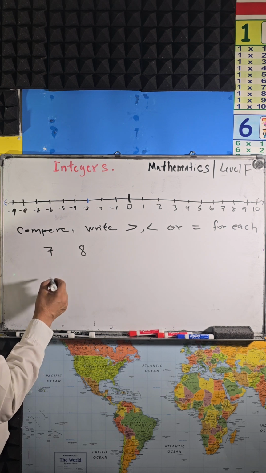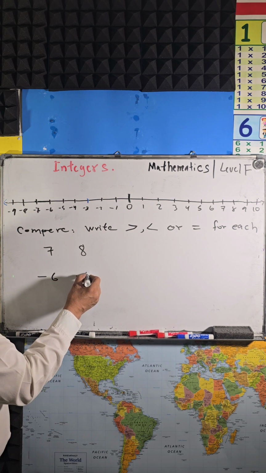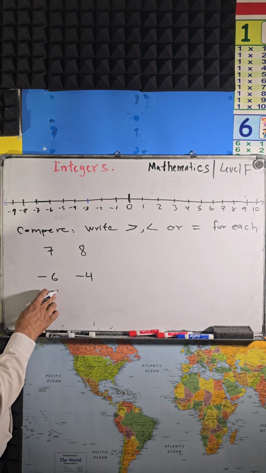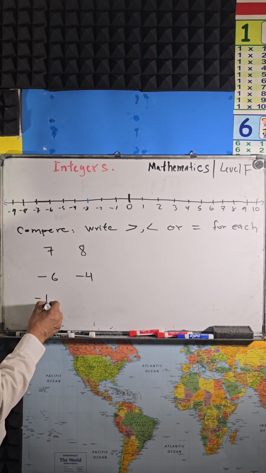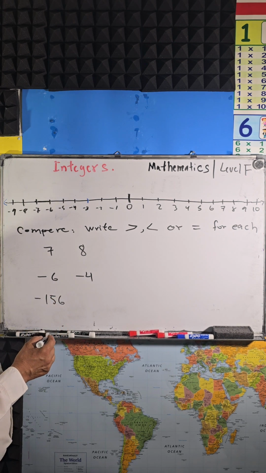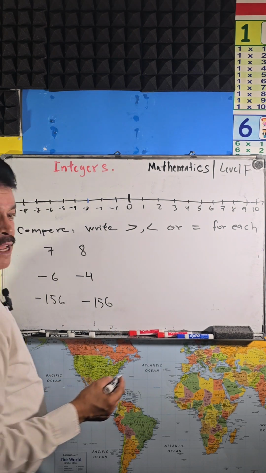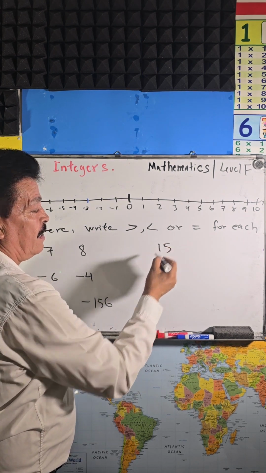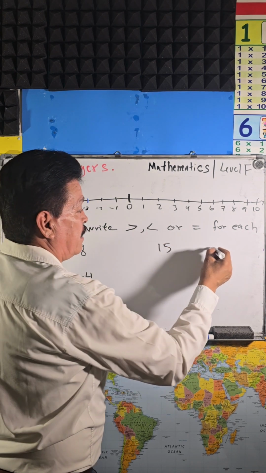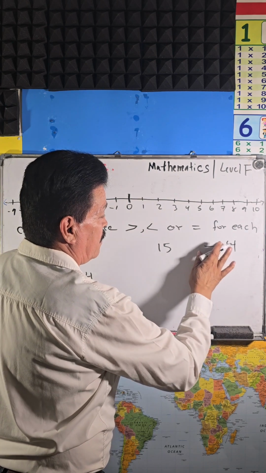Okay, this couple of problems. We have another one, negative 6 and negative 4. Let's write negative 156, and then the other number, negative 156. On this side, let me write 15, and the other one, negative 14.